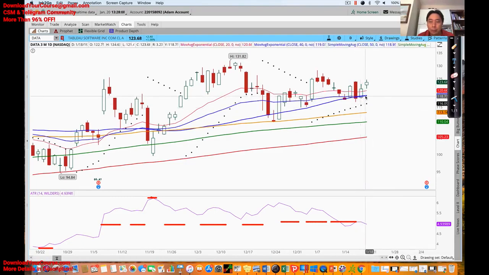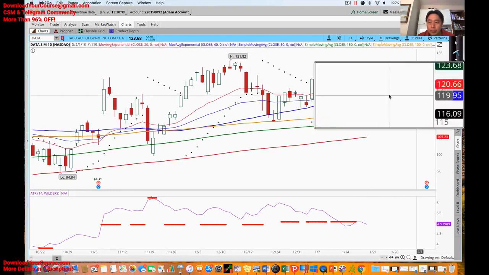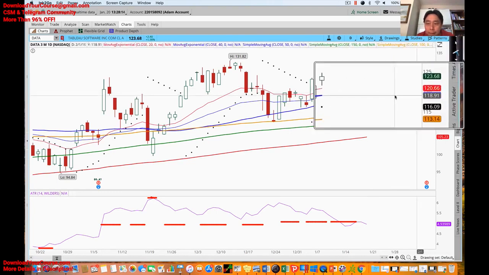So in this case, the moving average is at, where is it right now? It's at roughly 119.95. Can you see that? Well, no, it's 118.9. All right, so 118.9 minus $5, that's 113.9.